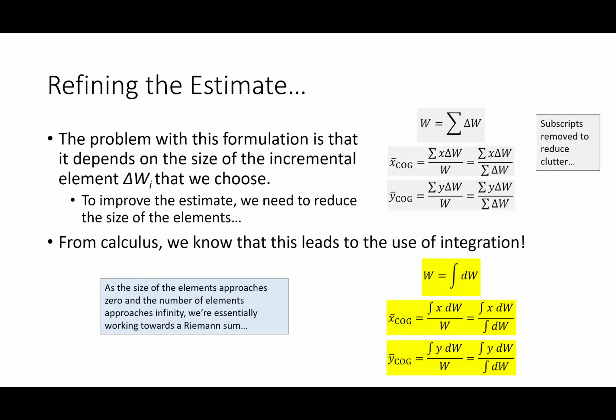Then x bar, the x for the center of gravity, and y for the center of gravity, is just this fraction: the weight on the bottom and the moments on top, x times dw, y times dw, just integrating. Is that a stretch? Is everybody okay with that? It's just a Riemann sum, if you remember that from Calc 1.